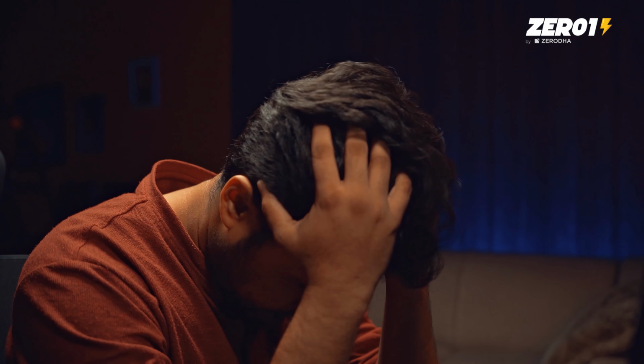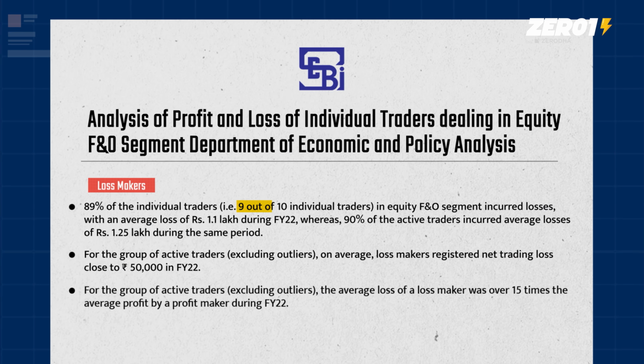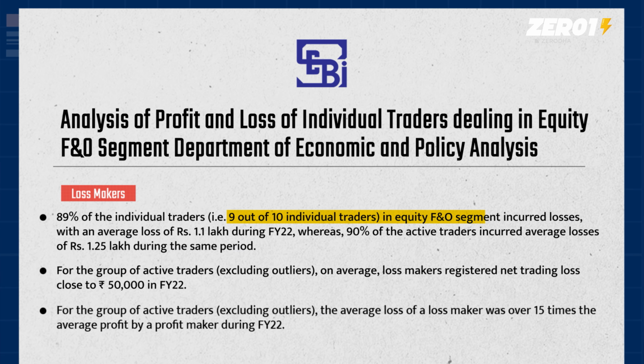Okay, something was definitely wrong with the expectations of that guy. Do you know option trading is so popular and people think they can make a lot of money, but here are the stats. 9 out of 10 traders in the F&O segment actually made losses in FY22 and the average loss was 1.1 lakh rupees.